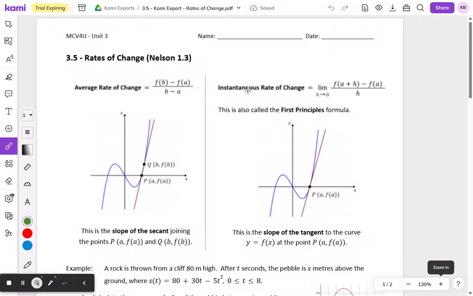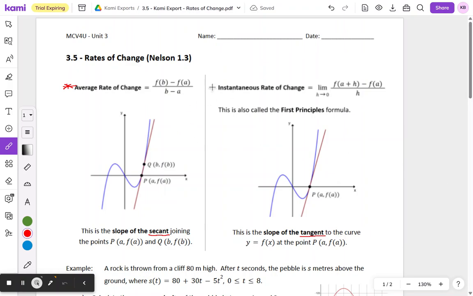So we have talked about the slope of the secant versus the slope of the tangent, okay? And in advanced functions, you guys did a lot of work with the slope of the secant, and that's what we call the average rate of change, because you're looking at how the curve has changed between 2 points on the curve, okay, taking their average.